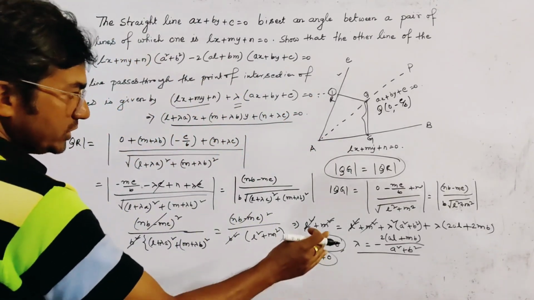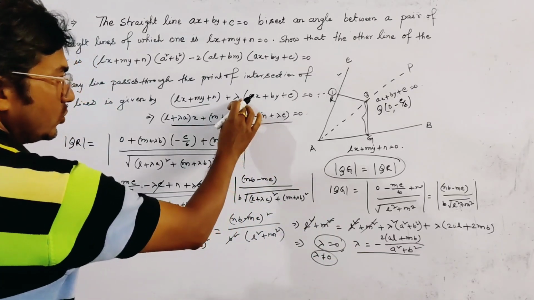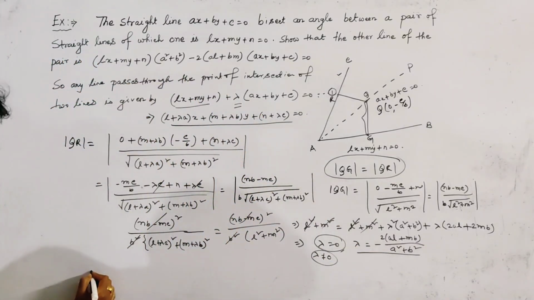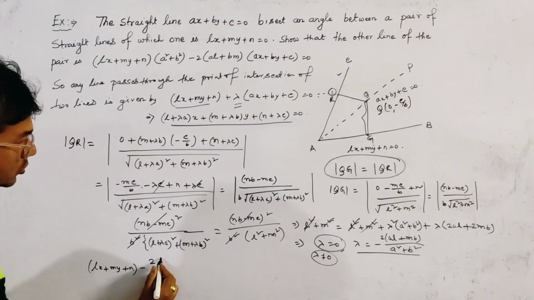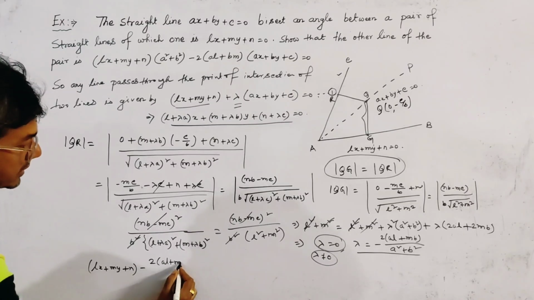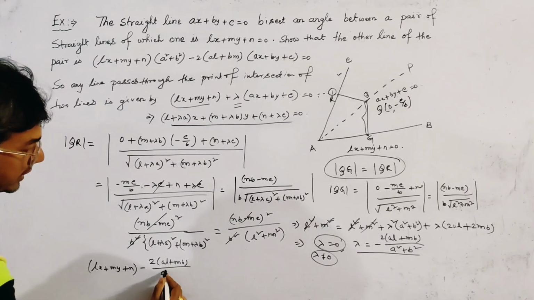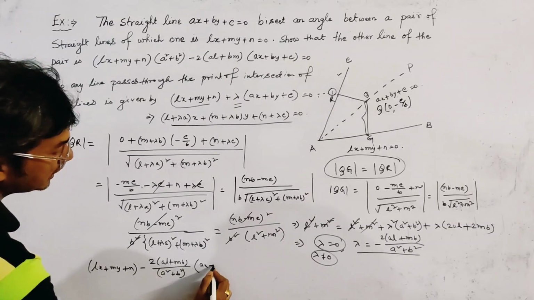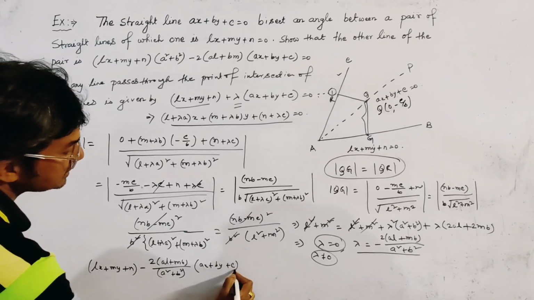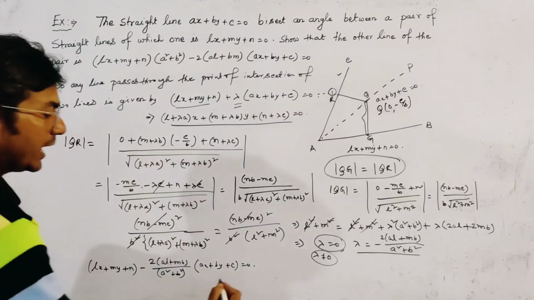Now putting the value of lambda here, we get the result Lx plus My plus n minus 2 into Al plus Mb by a square plus b square into ax plus by plus c, equals 0.